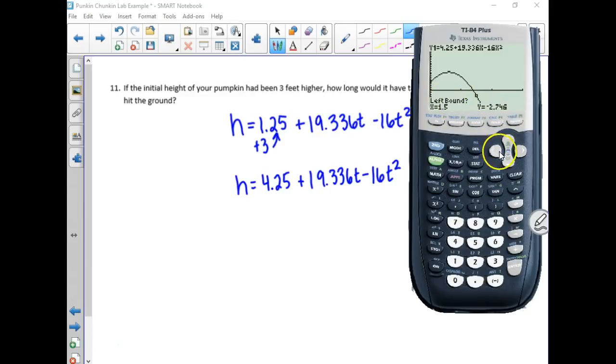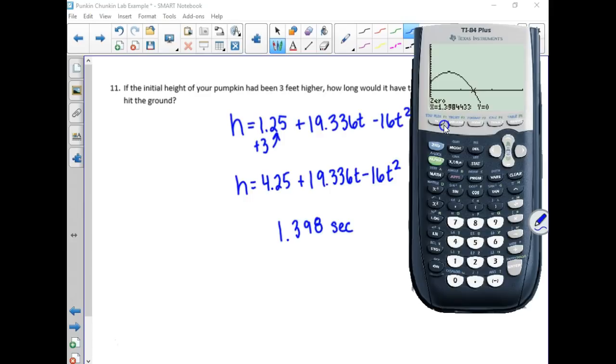It says left bound, so I need to go close to the point and then hit my left arrow a few times, so I'm on the left side of it. And then hit enter. When it says right bound, I have to hit the right arrow all the way until I go below the x-axis. And I'll hit enter. Then I go back towards the center there to guess. And I get a zero of 1.398. So that would be 1.398 seconds that it would take for the pumpkin to hit the ground.